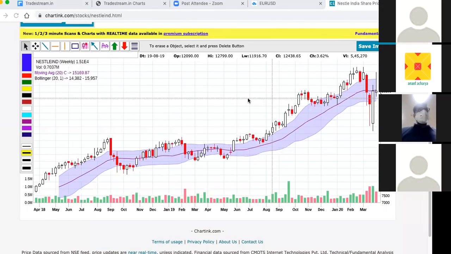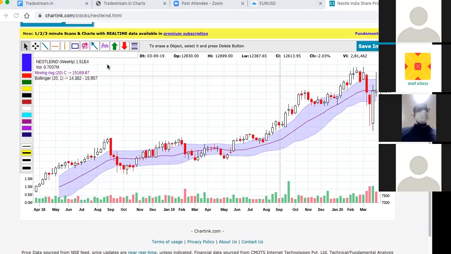Okay, so Jaisal is asking, when using weekly charts, on which day's price do we actually place the order? Basically, if you're looking at a weekly chart, you're looking at it after the week has ended, so on the close of Friday. This is subjective. It depends on you. If you have the time and you happen to see the chart and do the analysis before the close of Friday, it's fine.